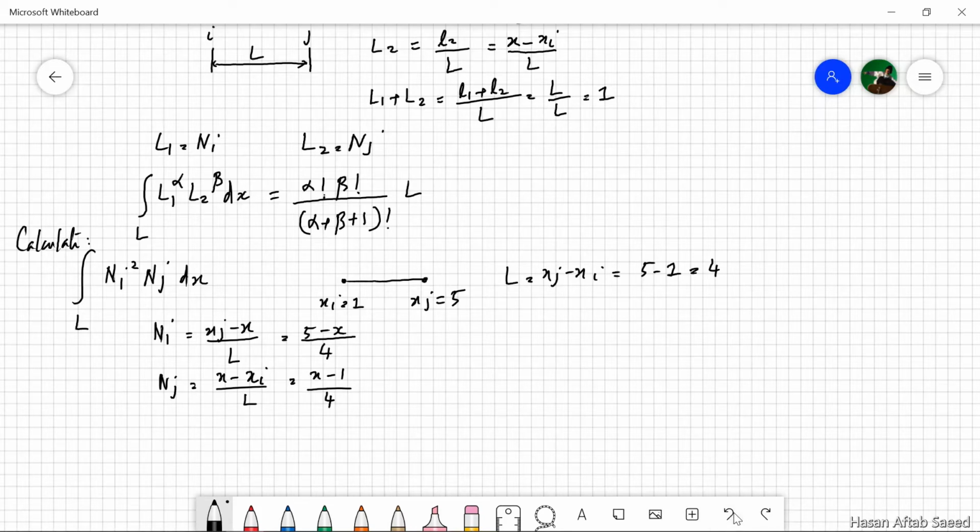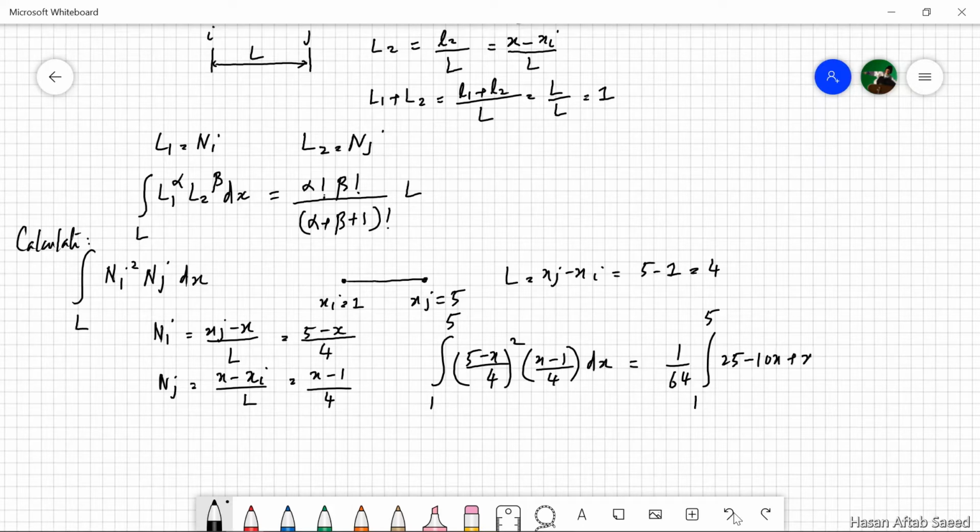We have to integrate it over this element, so from 1 to 5, and we have to integrate 5 minus x over 4 square, x minus 1 over 4, dx, which is 1 over 4 power 4, that is 256. Actually, the 4 cubed is 64, so this comes out, and we have this expression: 25 minus 10x plus x square.